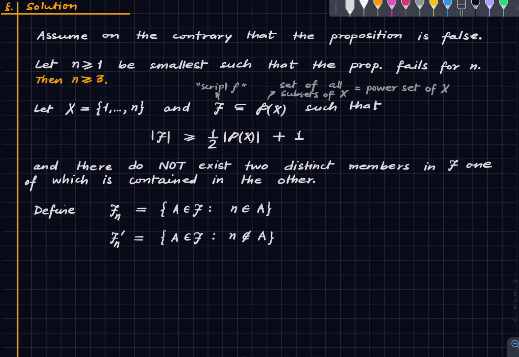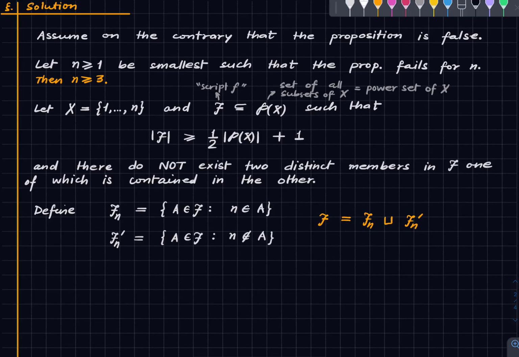So in words, it is just those things in script F which contain n, and this is those things in script F which do not contain n. And clearly, one can see that script F is partitioned by these two things. Either a member of script F will contain n or it will not.